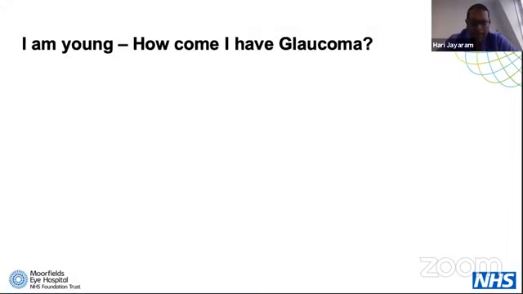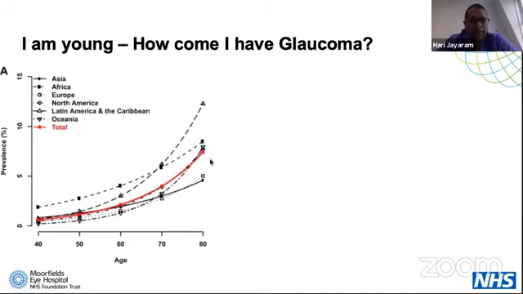Another question that's commonly asked is, I'm very young, how come I've got glaucoma? Now, this is a graph that was published in 2014, and it shows the effect of age. We mentioned earlier that as we get older, glaucoma does increase. You're probably all experts at seeing curves on the news after the pandemic, but you can see here that this is what we call exponential growth.